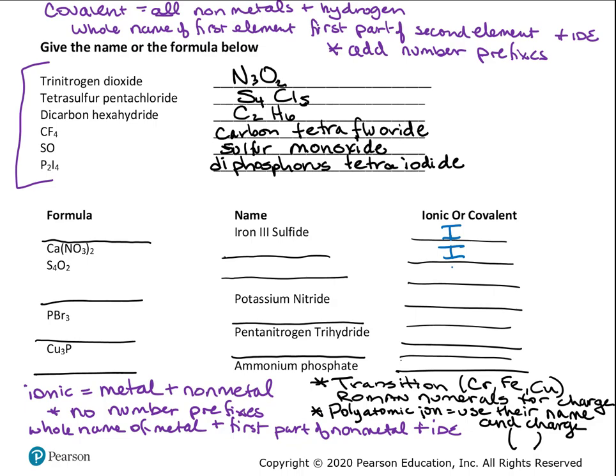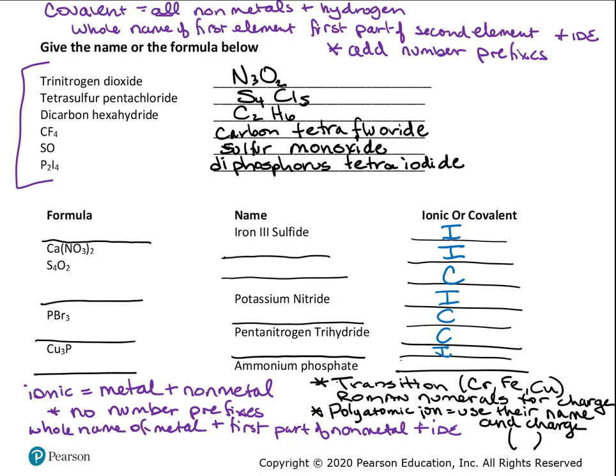S4O2 is covalent, because sulfur, S, is over to the right side. Then potassium nitride, ionic. Then PBr3, covalent. Pentanitrogen trihydride, covalent. Cu3P, ionic.